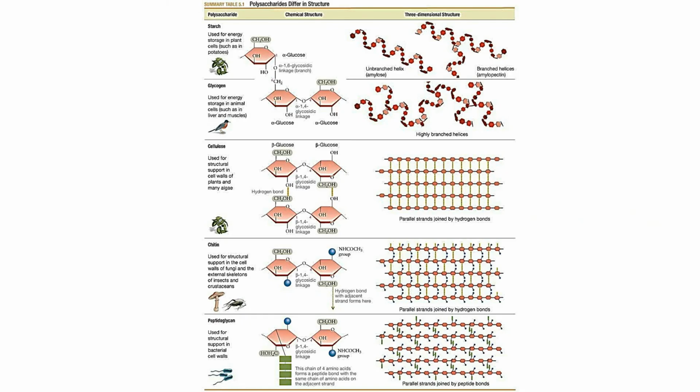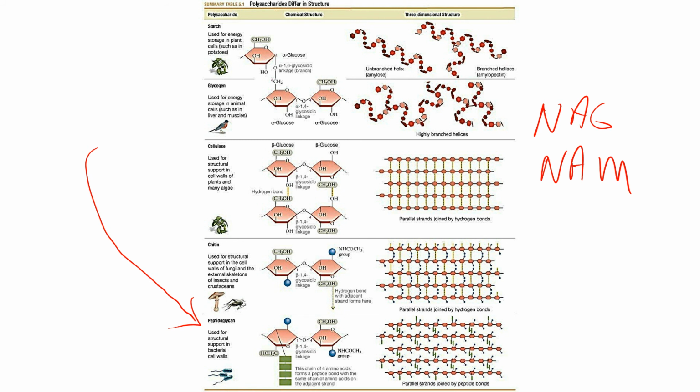Now, this gives you an overview of the different types of polysaccharides. The one that I haven't mentioned is peptidoglycan. It consists of N-acetyl glutamic acid and N-acetyl muramic acid, and these two sugar residues alternate.